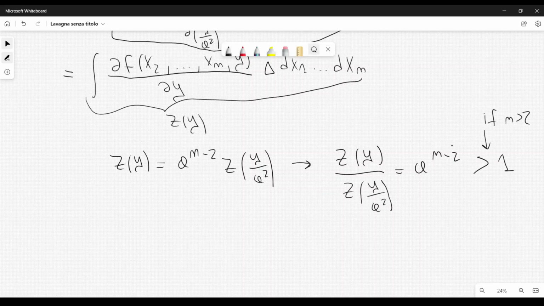So we have shown that if we have more than 2 coordinates, this function z of y, which is related to that integral, is an increasing function if we increase its argument. And this is the way Einstein argued that omega prime of E should be greater than 0. And therefore, h should be greater than 0.